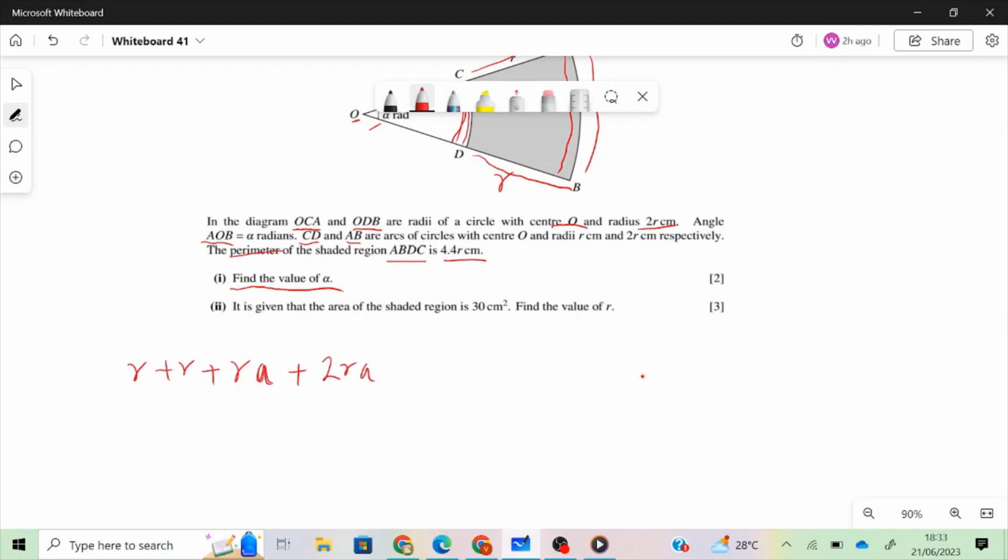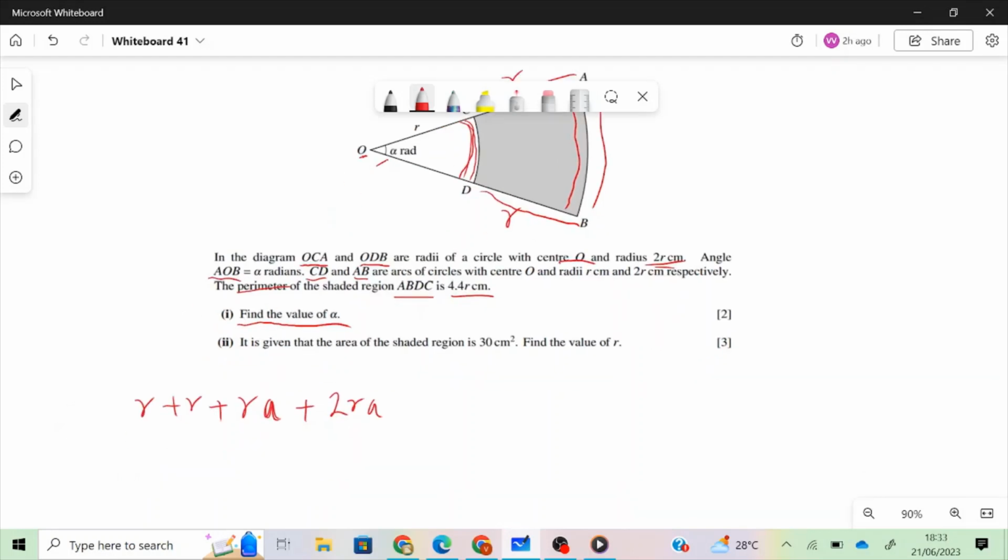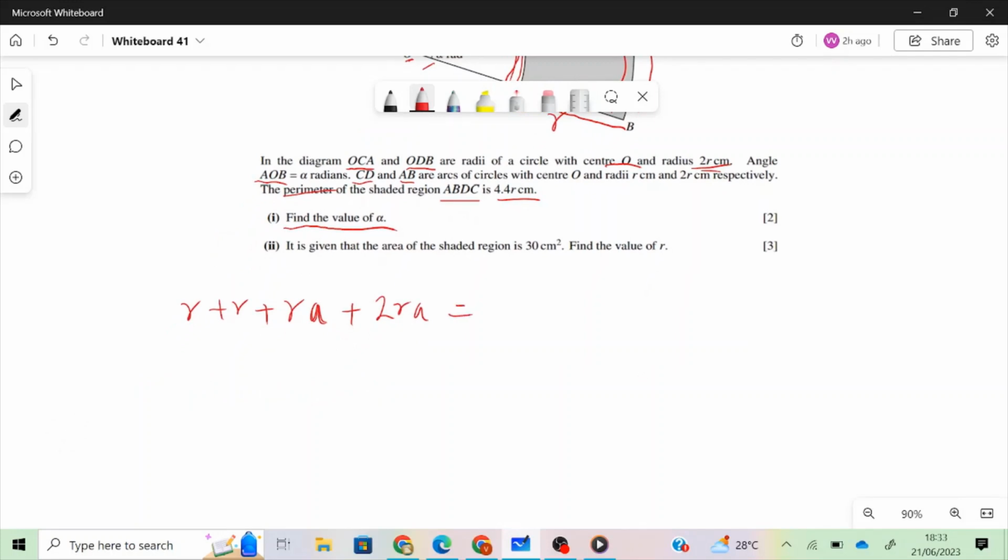Now why 2r alpha? Because the question did state that it's of radius 2r cm. If from O to C is r, and from C to A is also r, then from O to A is 2r. So that's common sense. All of this is equal to 4.4r.